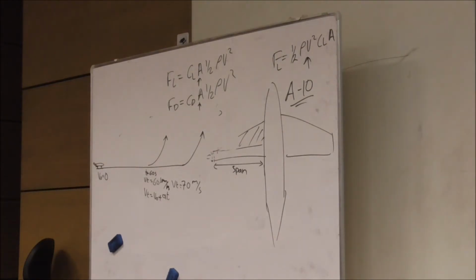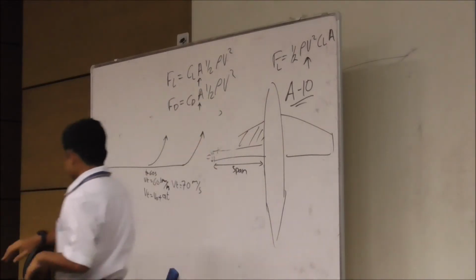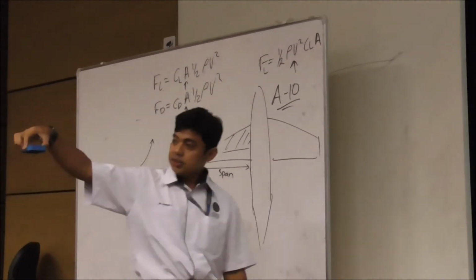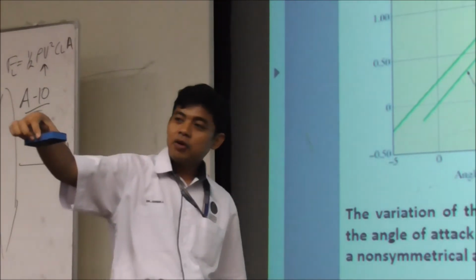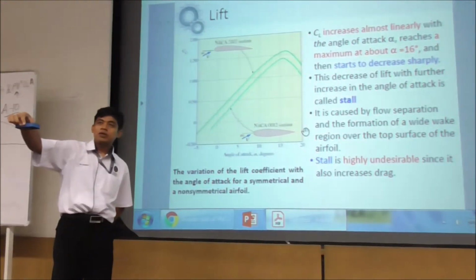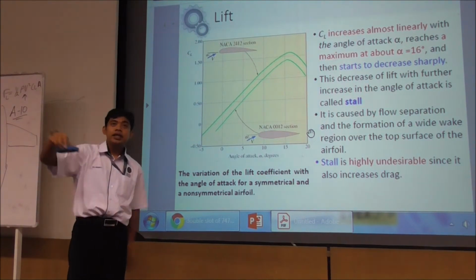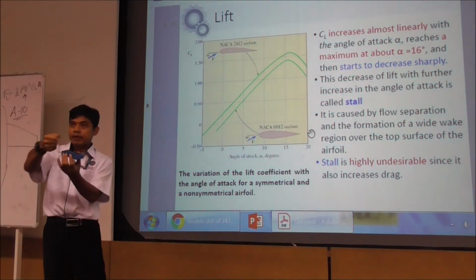Okay, now let's take a look at the angle of attack. When you see the aircraft take off, we start like this. Then what will happen if you have enough velocity? The pilot will pull the lever.